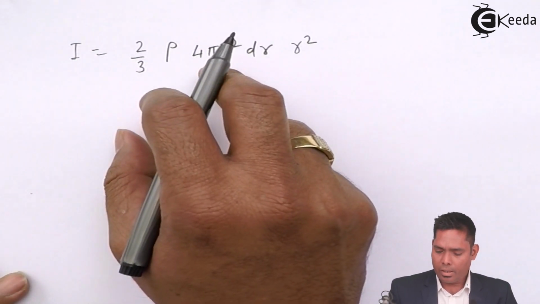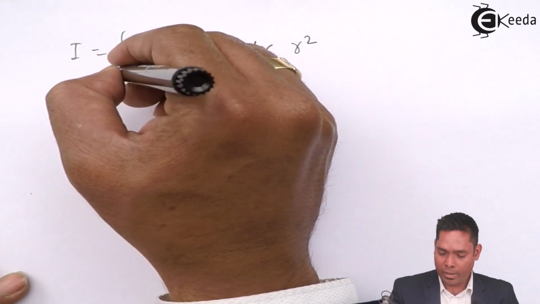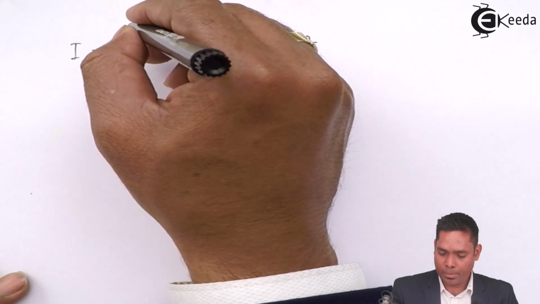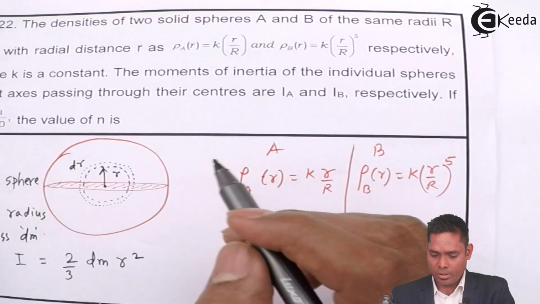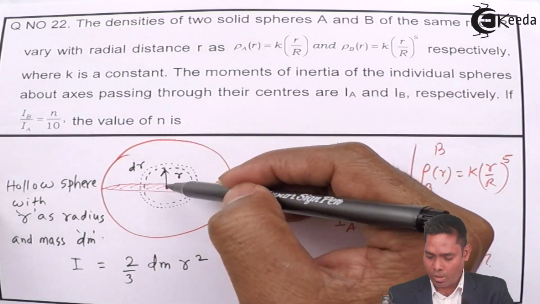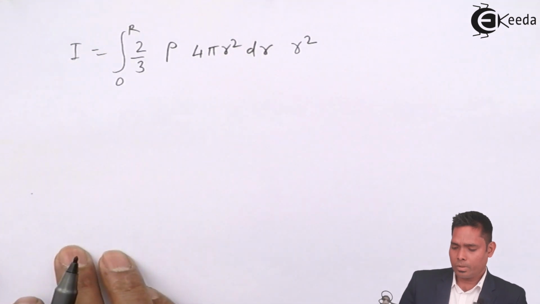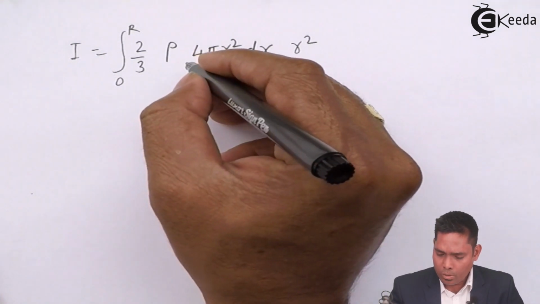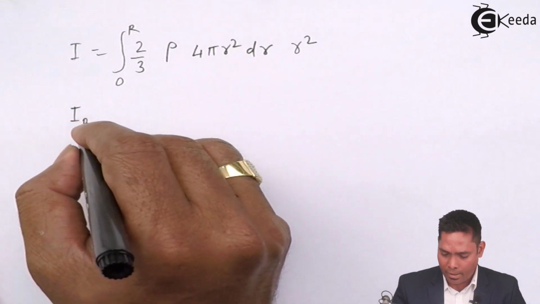So this is the moment of inertia for this shell, and if I consider the whole sphere, the radius goes from 0 to R. This formula I have to use 2 times, because the question is about IB upon IA.